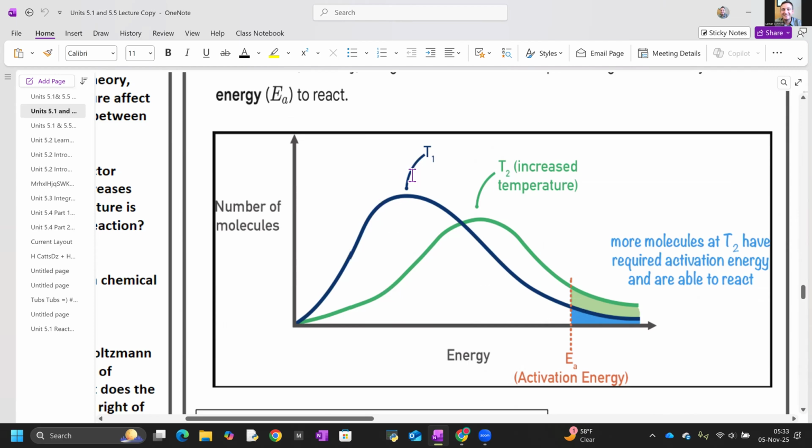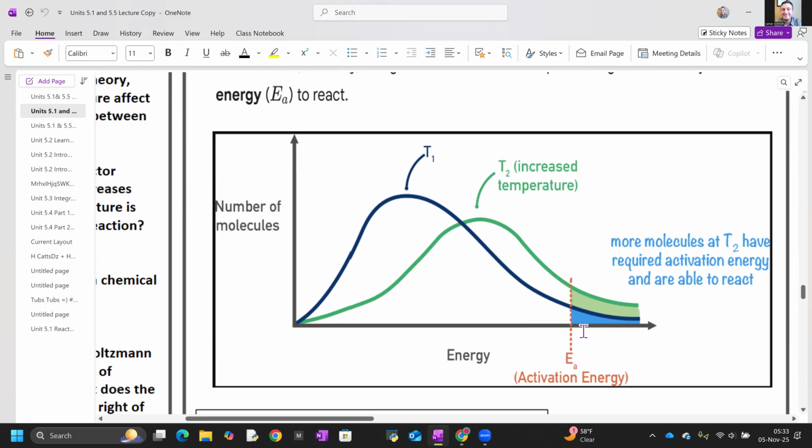However, at the lower temperature or lower average kinetic energy, only the particles under the blue will have enough energy to react. So we can see that a larger fraction of particles at higher temperatures have a sufficient amount of energy for that reaction to be effective.